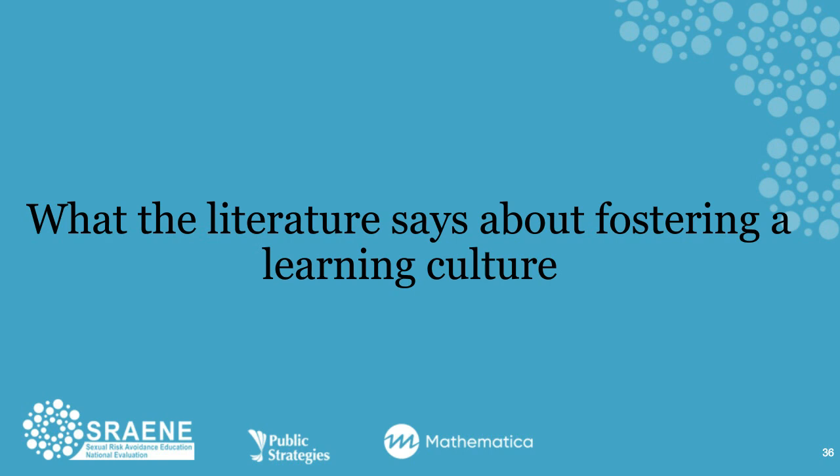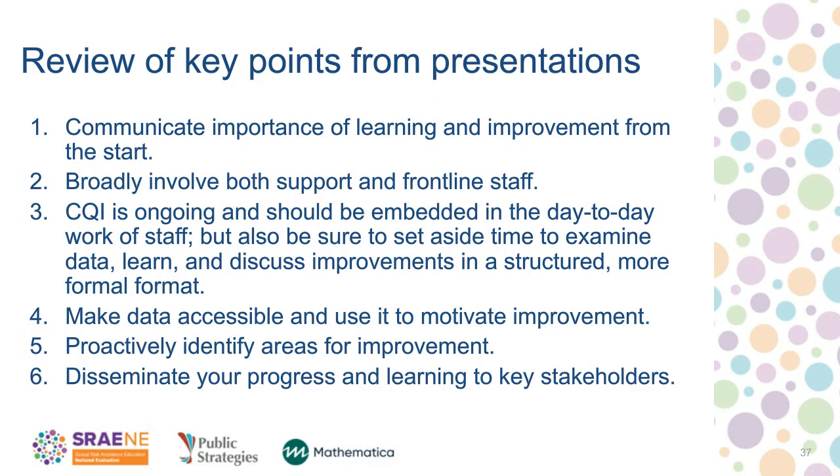So I just wanted to pull out some of the key takeaways from the two teams. Some of the strong practices that I heard highlighted are communicating the importance of learning and improvement from the start of your program, and broadly involving staff in the work, both support and administrative as well as frontline staff.